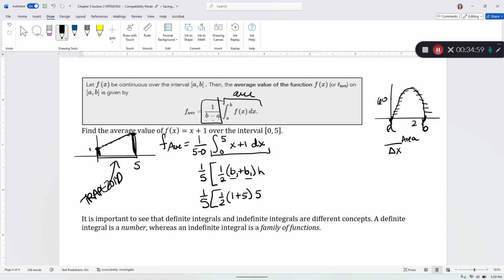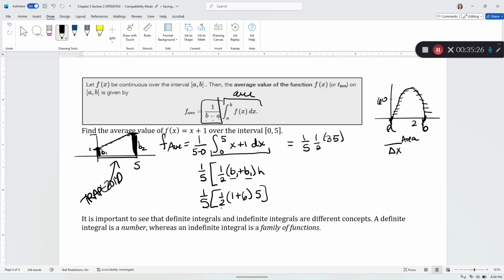And I misspoke here. It's 1 plus a 6, because what's the height here? This was a height of 1. This one had a height of 6, right? So I got to fix my typo. This is B1, B2. All right. So 1/5 of 1/2 of 35.